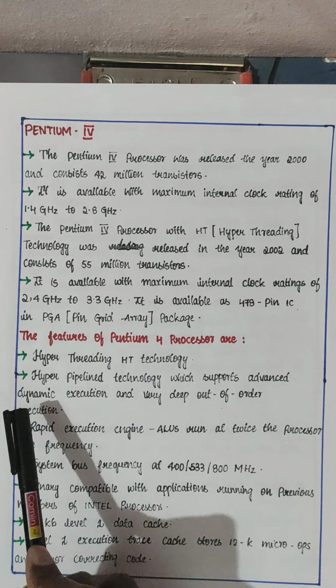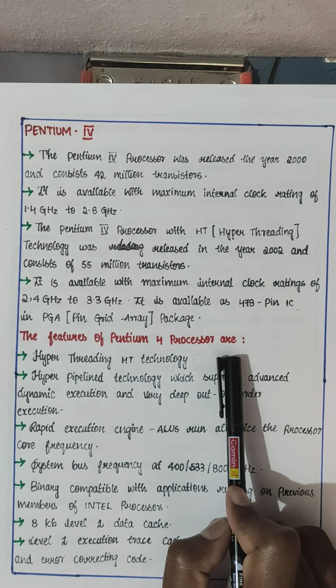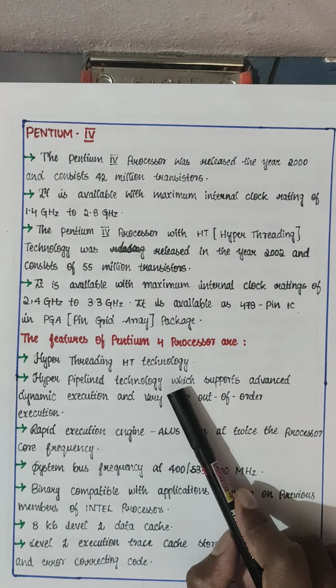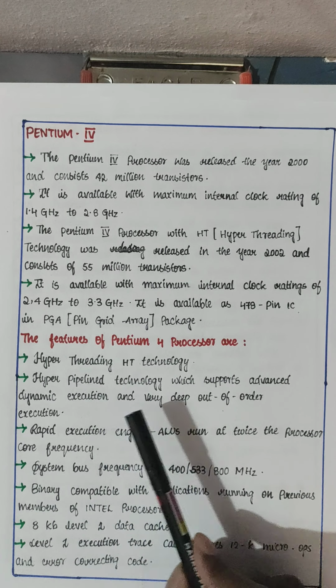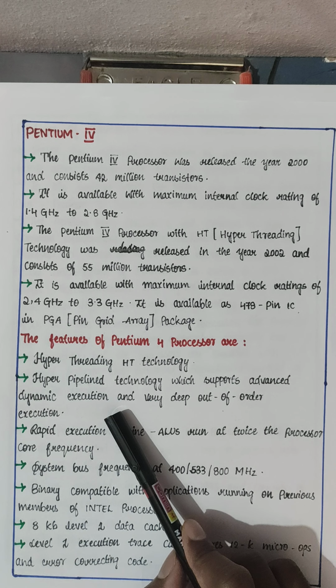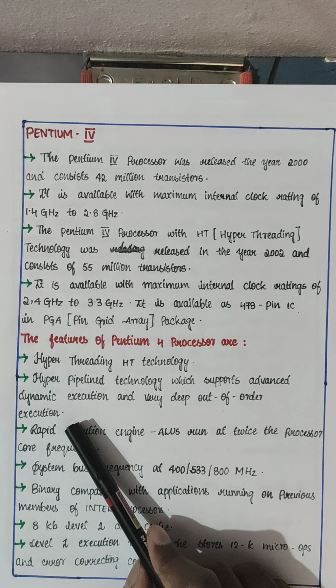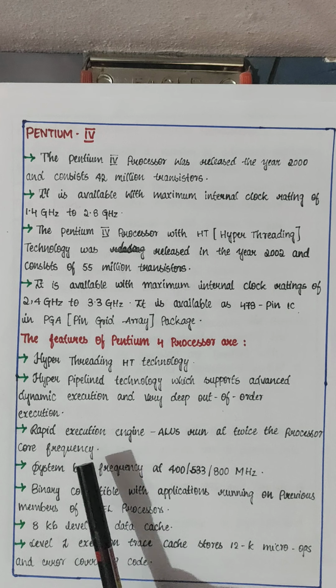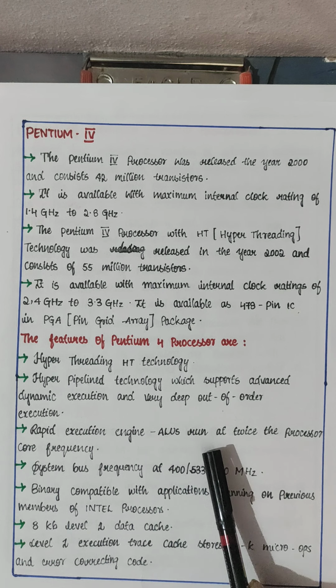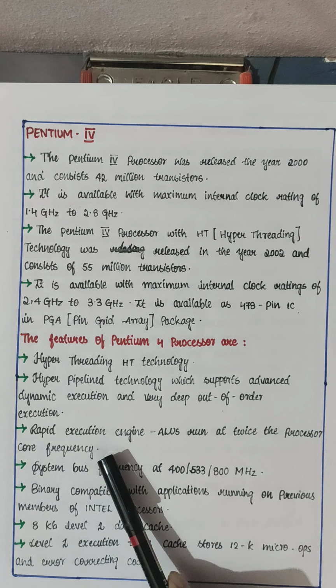So we'll see the features of the Pentium 4 processor. Hyper threading technology. Next, hyper pipeline technology was introduced, which supports advanced dynamic execution and very deep out of order execution, and a rapid execution engine that makes the ALU run at twice the processor core frequency.